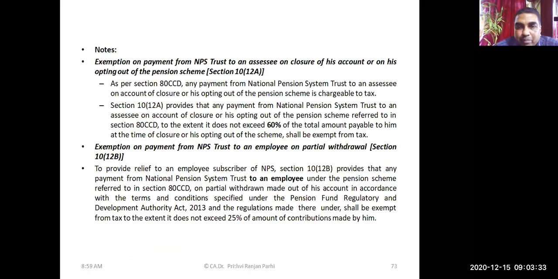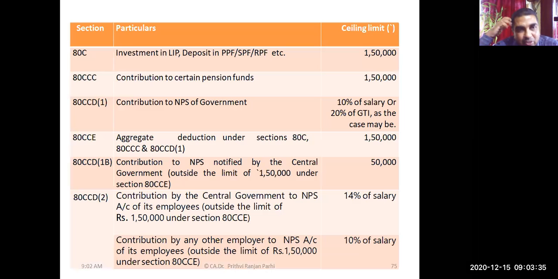For other employer, 10% is the limit. So let us summarize all these things in this chart. Here you see 80C, these are the investments which are made, 1,50,000. 80CCD limit is also 1,50,000.